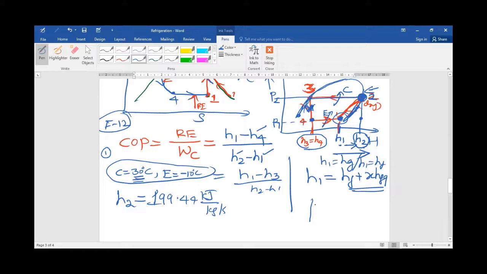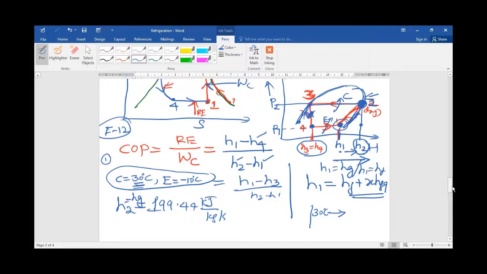Go to the 30 degrees Celsius row and note down the value of Hg. Why are you writing H2 is equal to Hg? Because point number 2 is on the dry line. So 199.44 or 4743, whatever may be the value, you write.